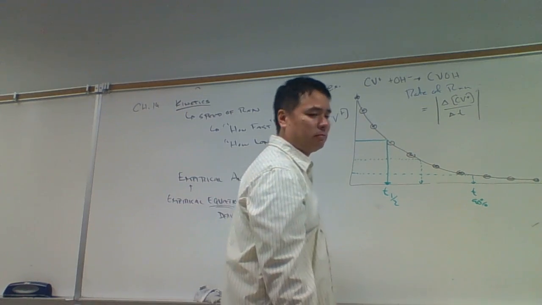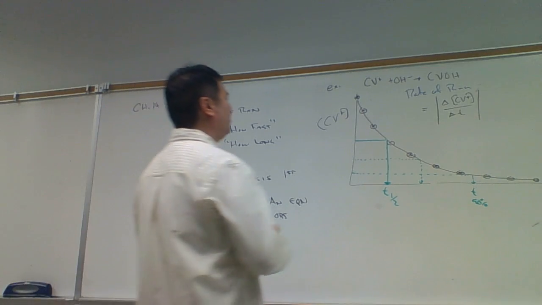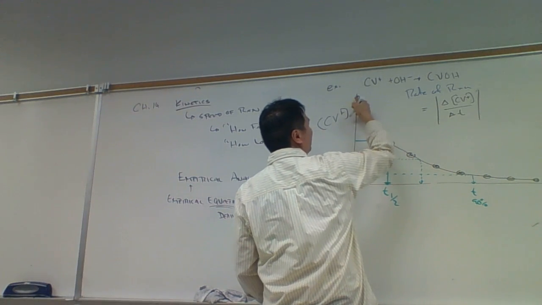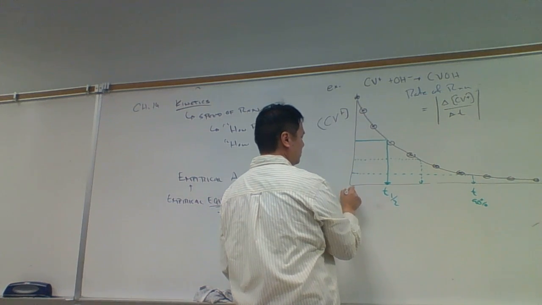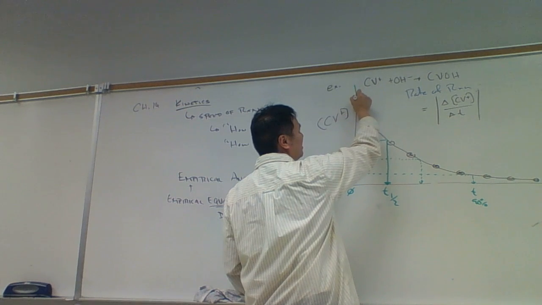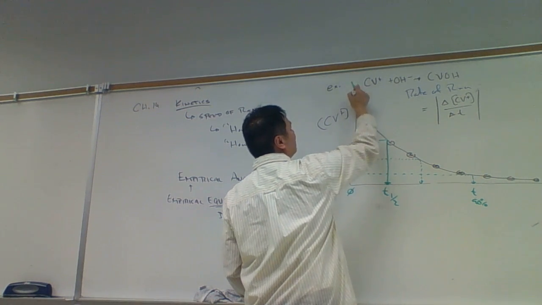Now, we have different rates on this, depending on where we map it out. For example, here, if you look at the slope right at time 0, the easiest way to determine the slope right at time 0 is to try to draw a tangent line like this.